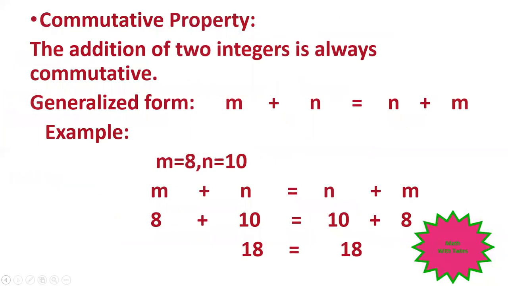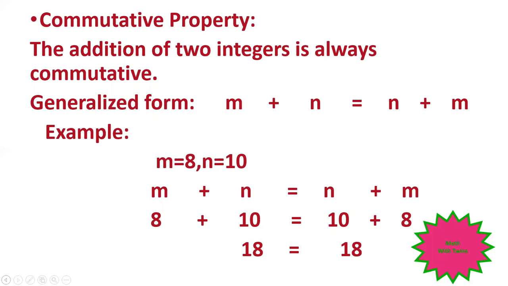Commutative property is our next property. The addition of integers is always commutative, is what the commutative property says. Generalized form is m plus n equals n plus m. Let's see through an example where m's value is 8 and n's value is 10. So let's substitute the values in the formula.